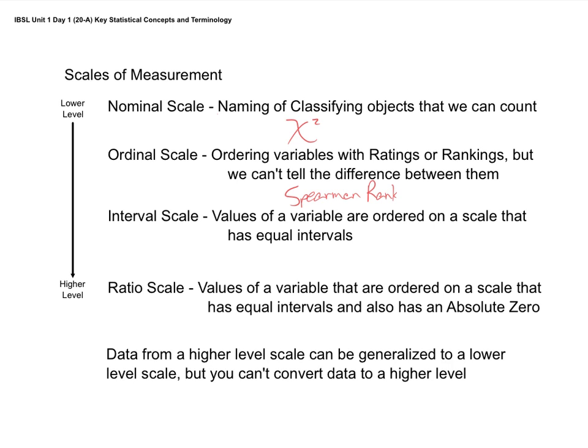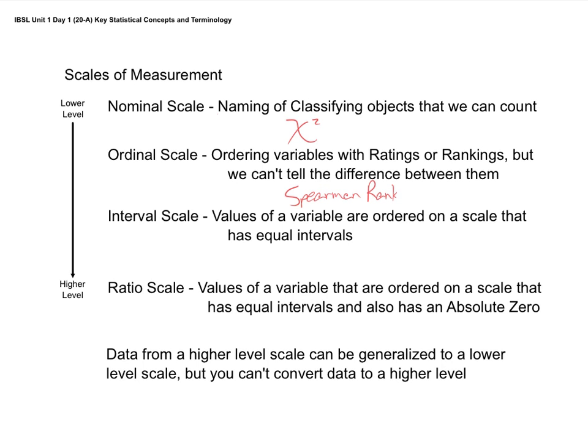So the difference between getting a 3 and a 4 is the same as the difference between getting an 8 and a 7. Okay, 1 unit is the same no matter where you are on the scale. The difference between first place and second place in a race may not be the same as the distance between second and third. Okay? That's ordinal.